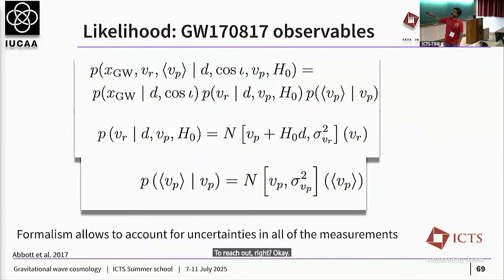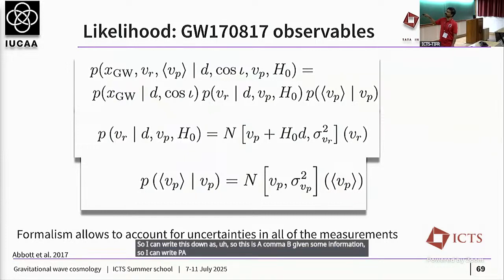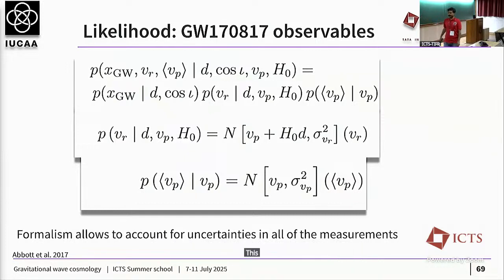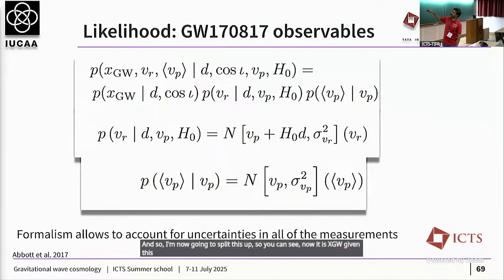Okay, so let's look at this particular beast here. I can write this as P(A, B | some information), which is P(A | this information) times P(B | A). I'm now going to split this up. So you can see it is P(X_GW | D, cos i, V_P, H_0).